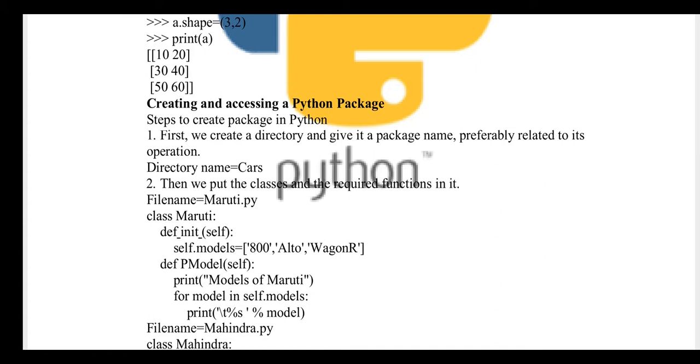In that file we specify the class Maruti and create its constructor using self, which specifies the model, such as 800, Alto, Wagon R, whatever model names you want to specify. Next you specify another function, that is p_model, where we print the model of Maruti using self.model, so it prints those models.